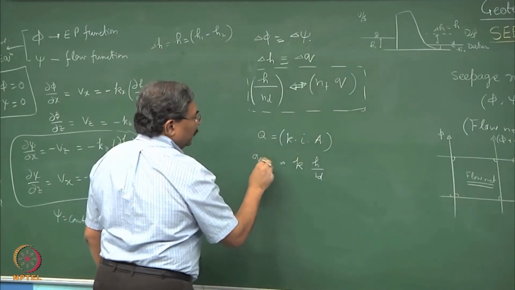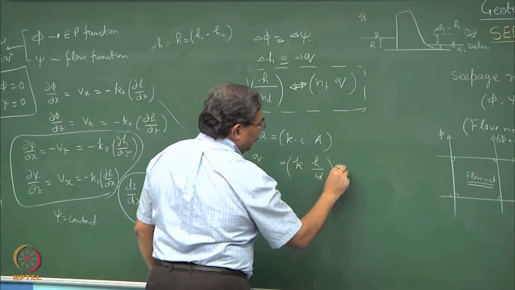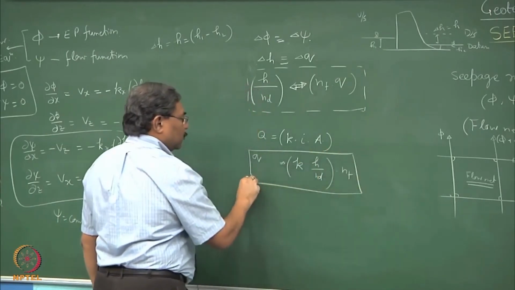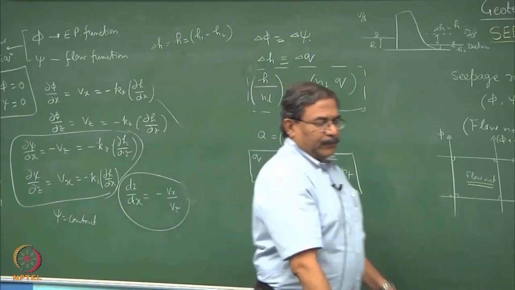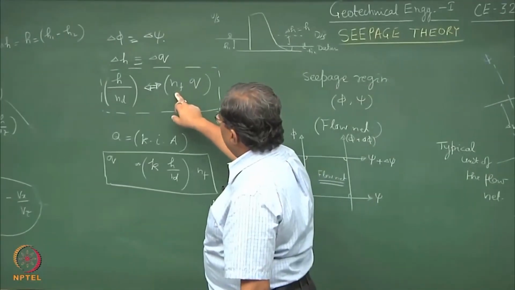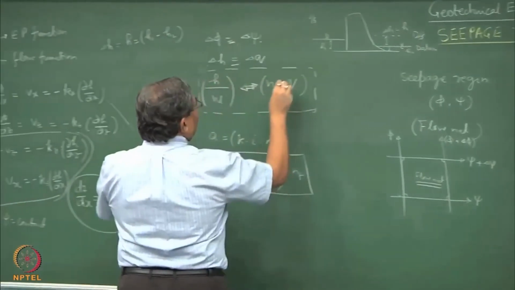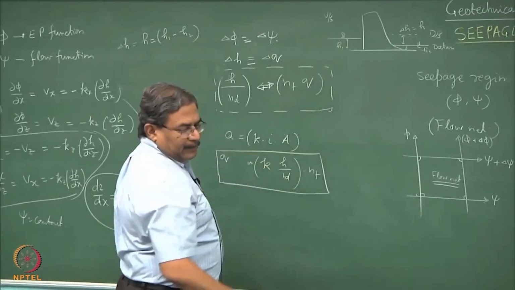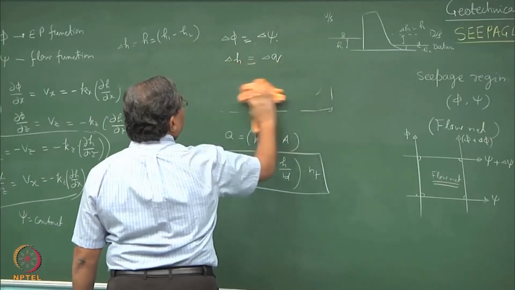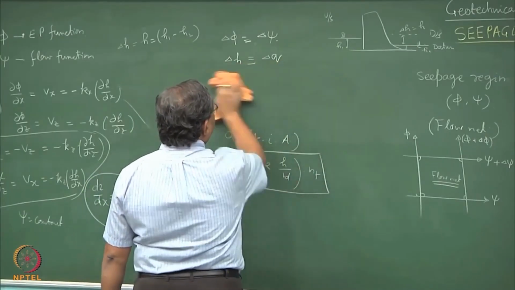So, that means the total Q will be equal to this multiplied by NF. Is this okay? Because there are so many flow channels which are contributing to the discharge. So, I think I will eliminate this step to not complicate things, then it is all right.